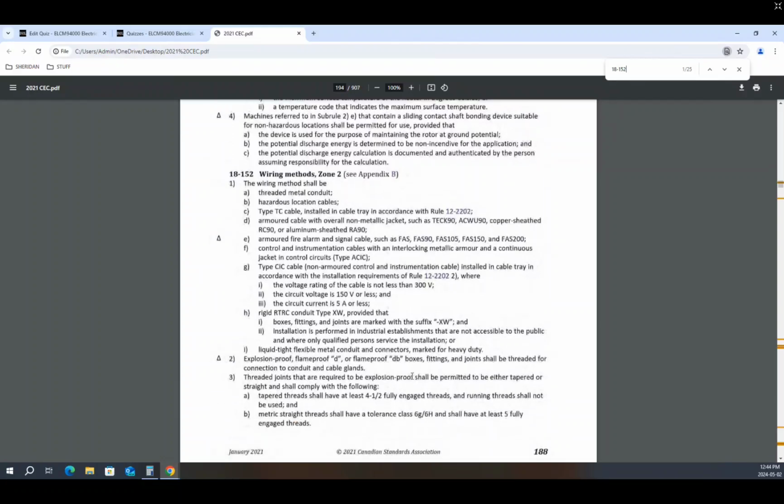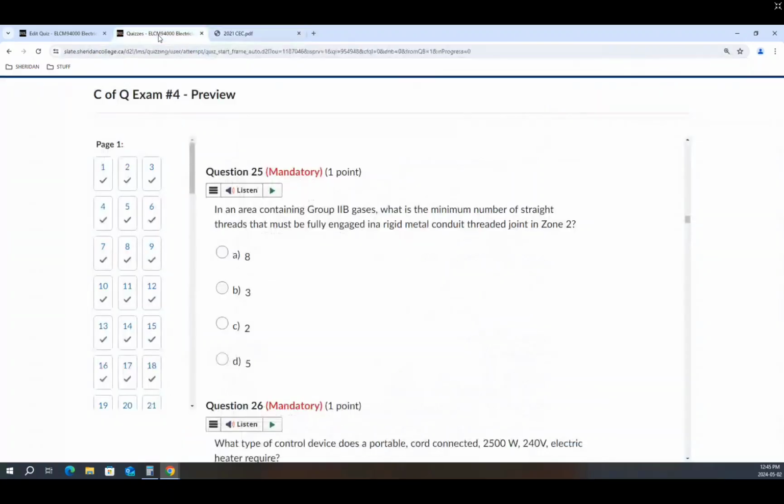Threaded joints that are required to be explosion proof shall be permitted to be either tapered or straight and shall comply with the following. Tapered threads shall have at least 4.5 fully engaged threads, and running threads shall not be used. Metric straight threads shall have a tolerance class of whatever.